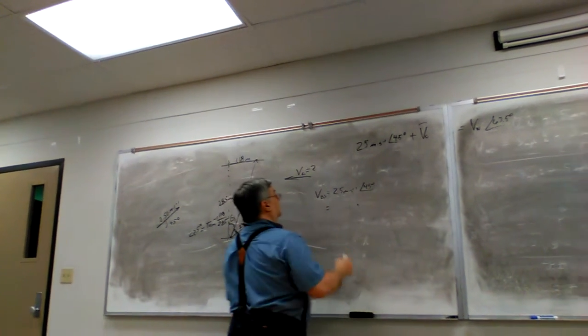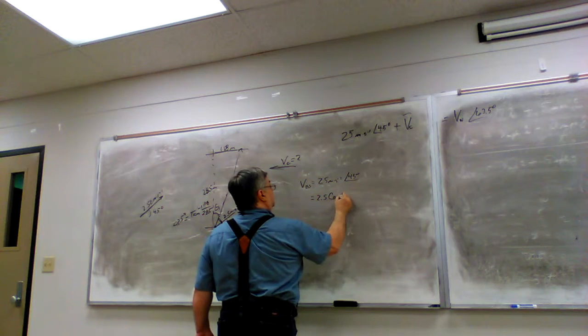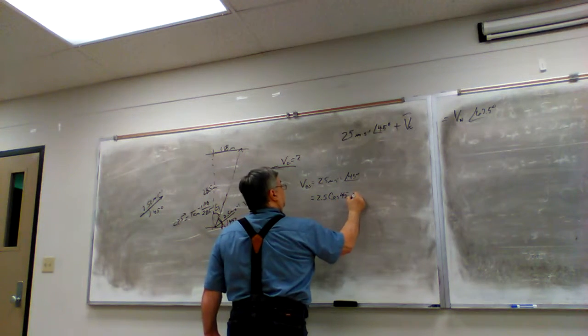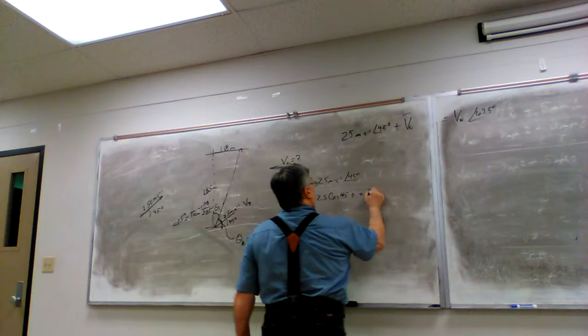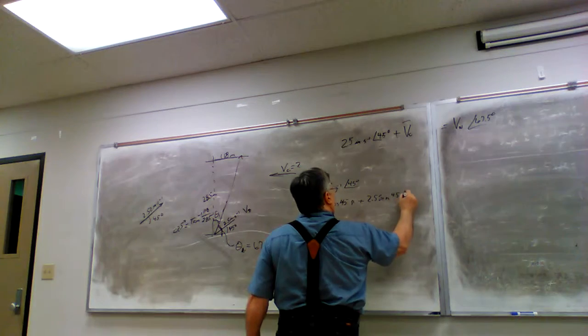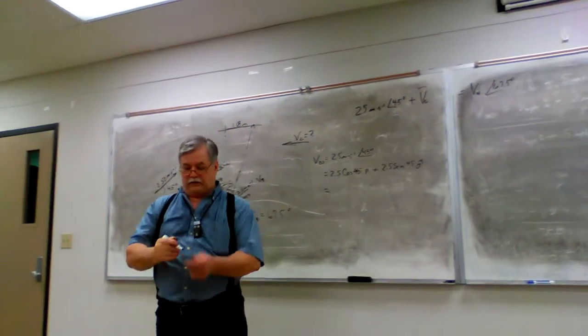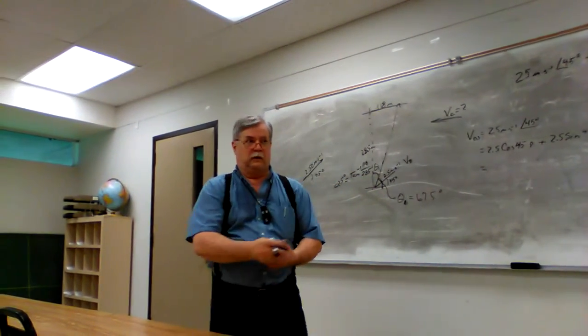In rectangular coordinates, that is 2.5 times cosine 45 I plus 2.5 sine 45 J. Now, what do those components work out to?